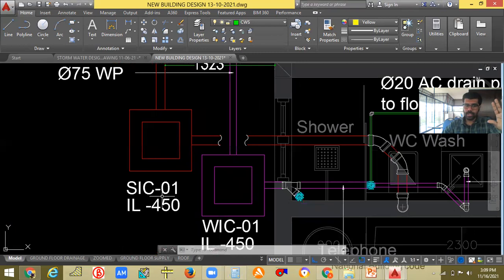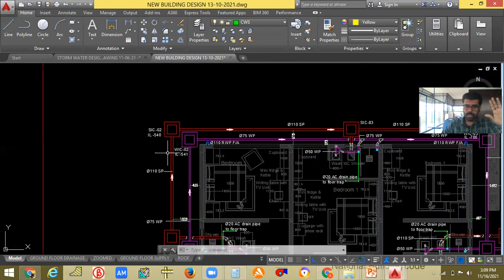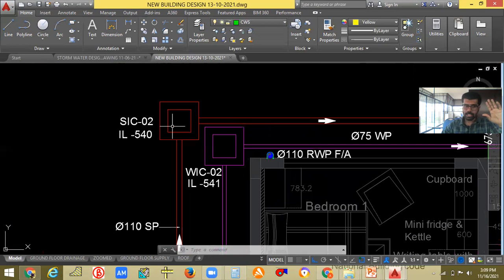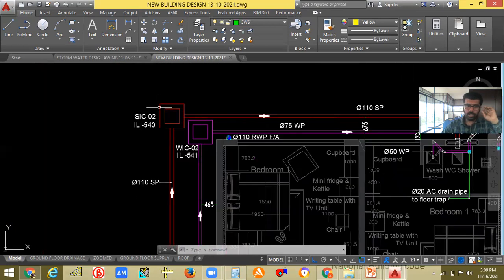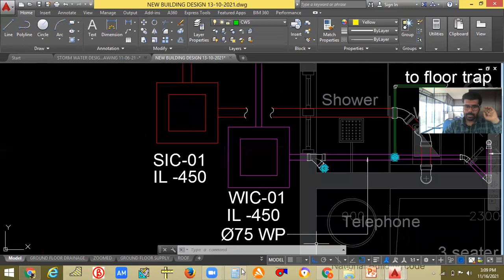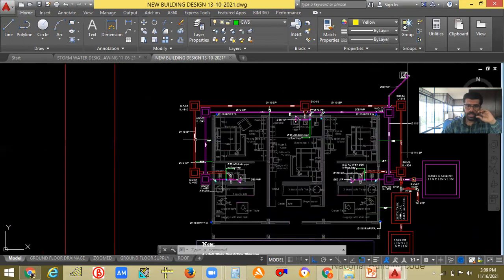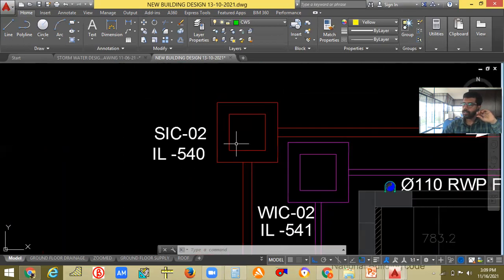Normally you have to give 450. After the slope, what will be the invert level in the second manhole? 450 plus this 90 will give 540. So 540 should be the invert level here.